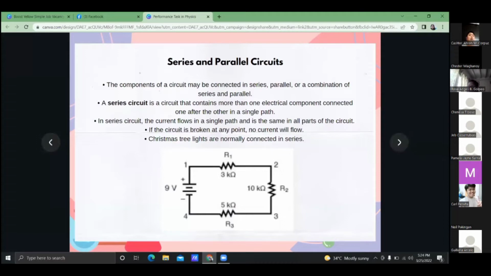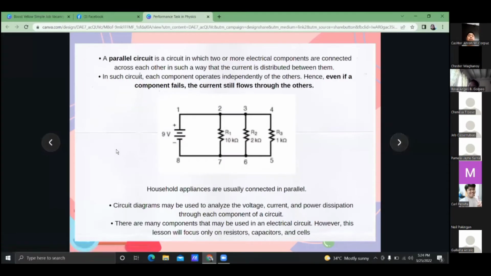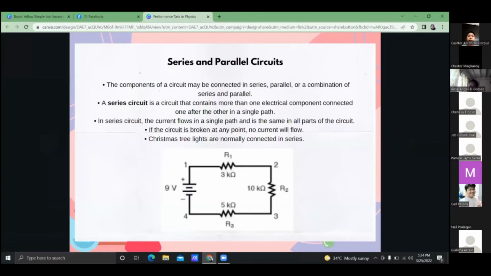Moving on, when we calculate the current flow in a circuit, we will be using Ohm's law. So to get the total resistance of the series circuit, we have to add every resistor. Like in the figure, 3 plus 10 plus 15 is equals to 18. So that will be the total resistance.